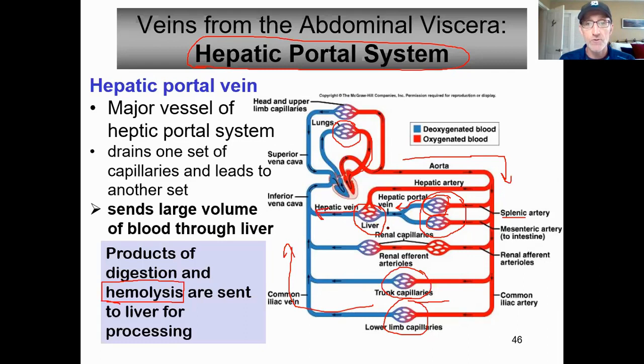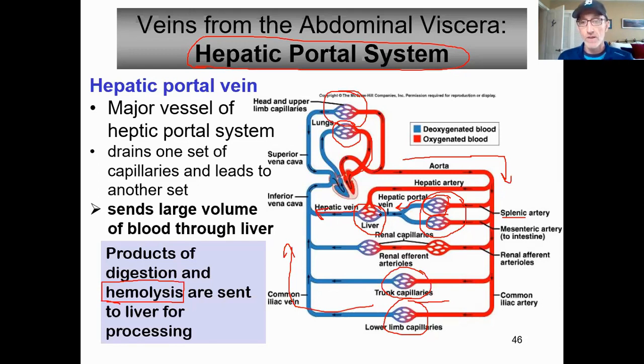This also is true for toxins. If we ingest toxins in our intestine, before they get to our brain, way up here, the liver has a chance of detoxifying the blood a little bit before these toxins can have detrimental effects.